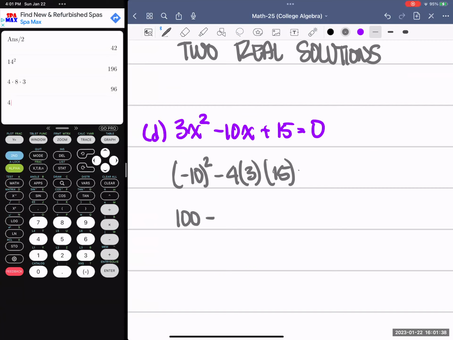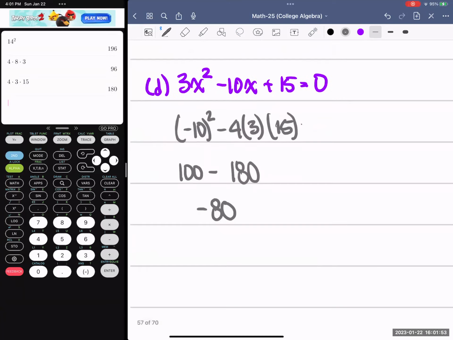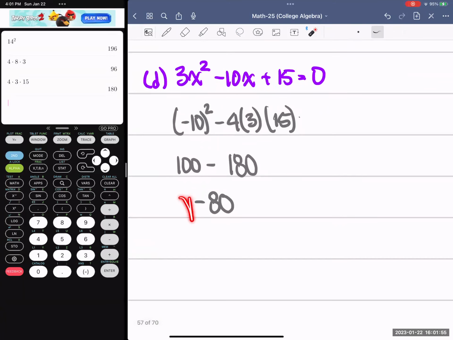Minus 4 times 3 times 15, which is 180, which gives us negative 80. Because we have a negative value here, remember the square root of a negative value is going to be a complex number. Complex numbers always come in pairs, so we have two complex solutions.